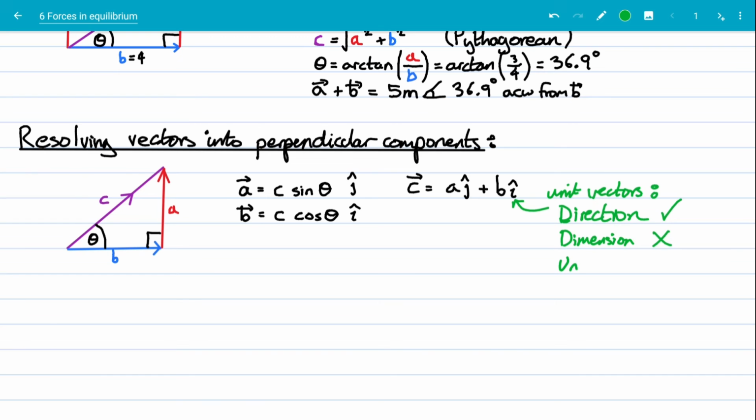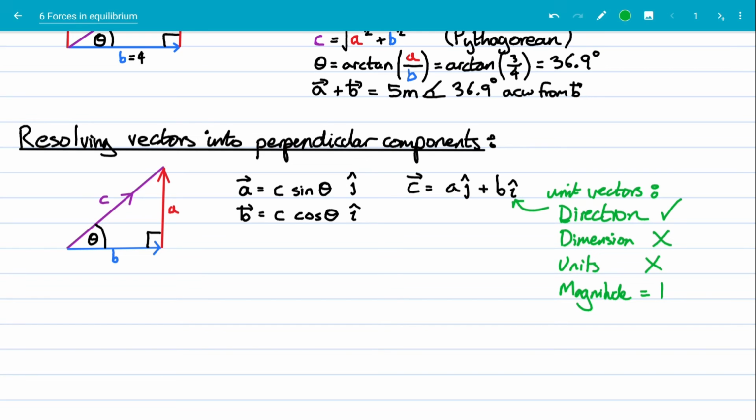They don't have any units like that, and they have a magnitude equal to 1, but with no dimension, no units, and just the direction. And by convention, I is the horizontal direction, J is the vertical direction, and K is the direction coming out of the plane.